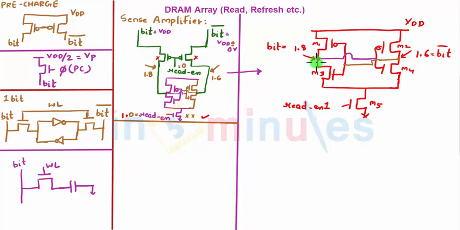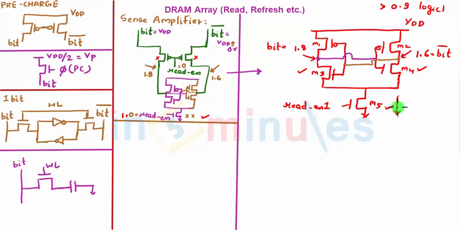We know that both of them are greater than 0.9, so both will be interpreted as a logic 1. This output is going to this transistor, so M4 is on; this output is going to this, so M3 is on. At the same time M5 is also on. So M4 on, M3 on and M5 on.